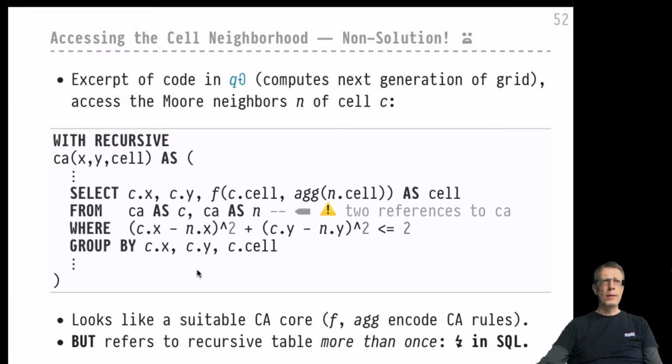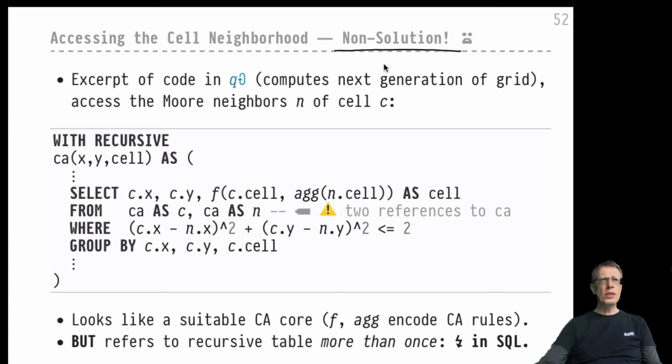Right. This slide looks easy enough, but let me warn you, it's actually describing a non-solution, a solution that we cannot use in SQL because of syntactic restrictions that are in action when we talk about recursive common table expressions.